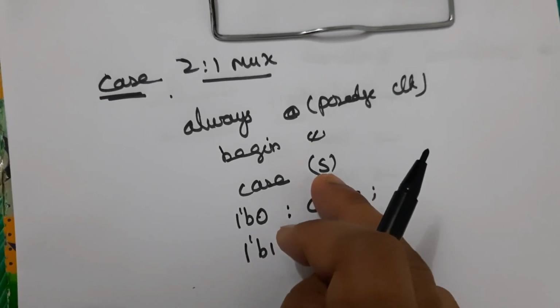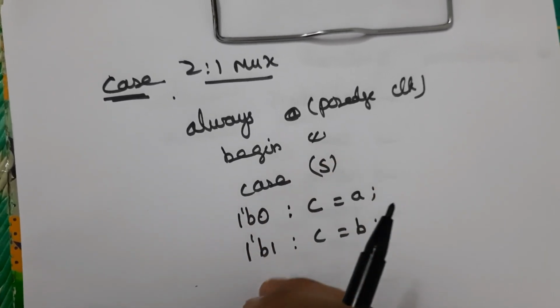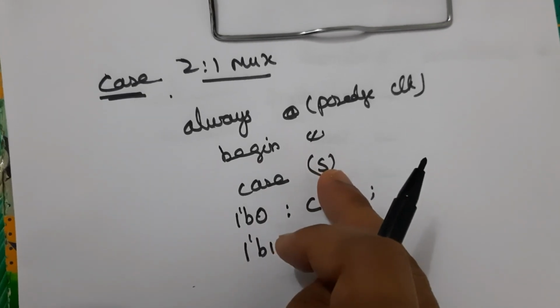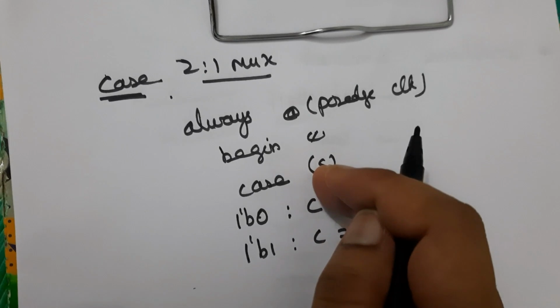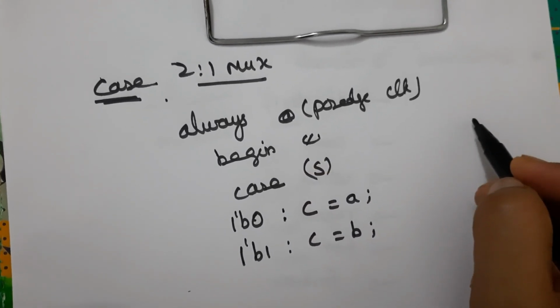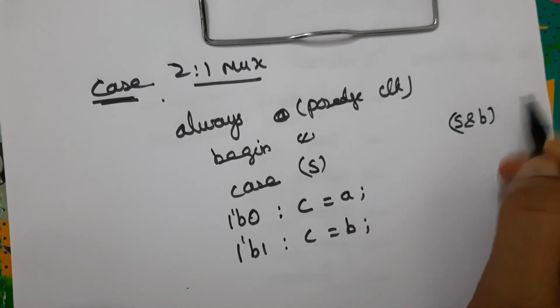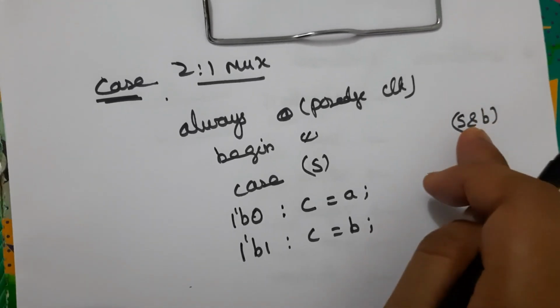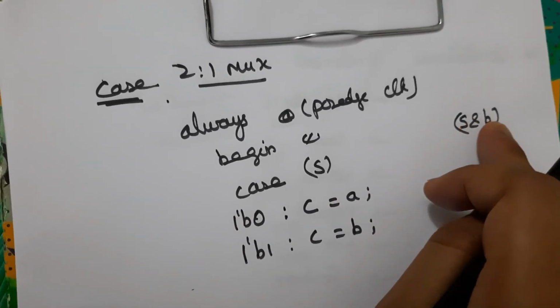So 0 means S is equal to 0, 1 means S is equal to 1. So whatever value or combination you want, just write inside this case statement. If you want an add operation, then S and B or something, so this is a condition. So now you have a value here, this is the value of the and operation of S and B.